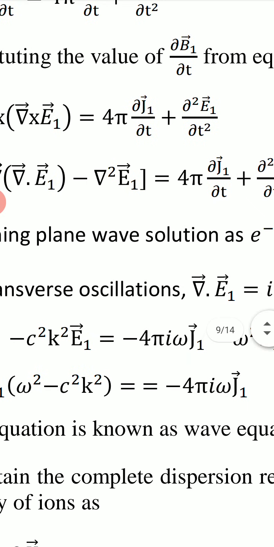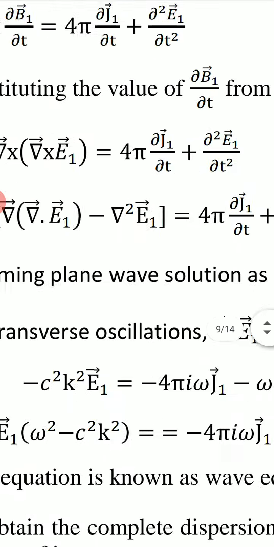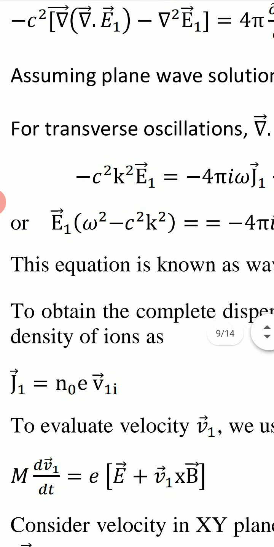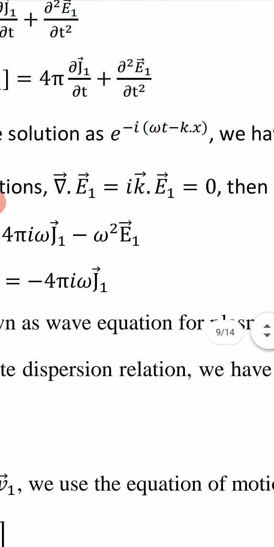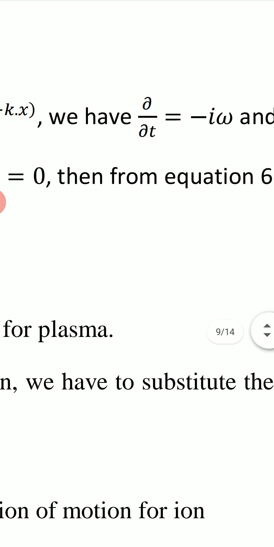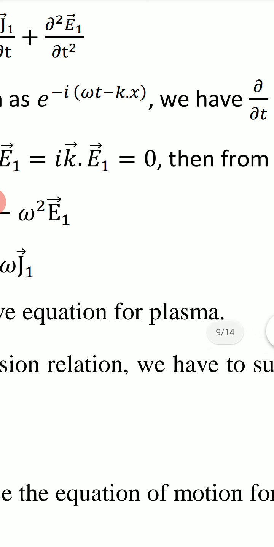And we write the right-hand side as it is: 4 pi delta J1 upon delta t plus d2 E1 upon dt square. If we assume a plane wave solution as e to the power minus i (omega t minus kx), then if we differentiate with respect to t, we get minus i omega.